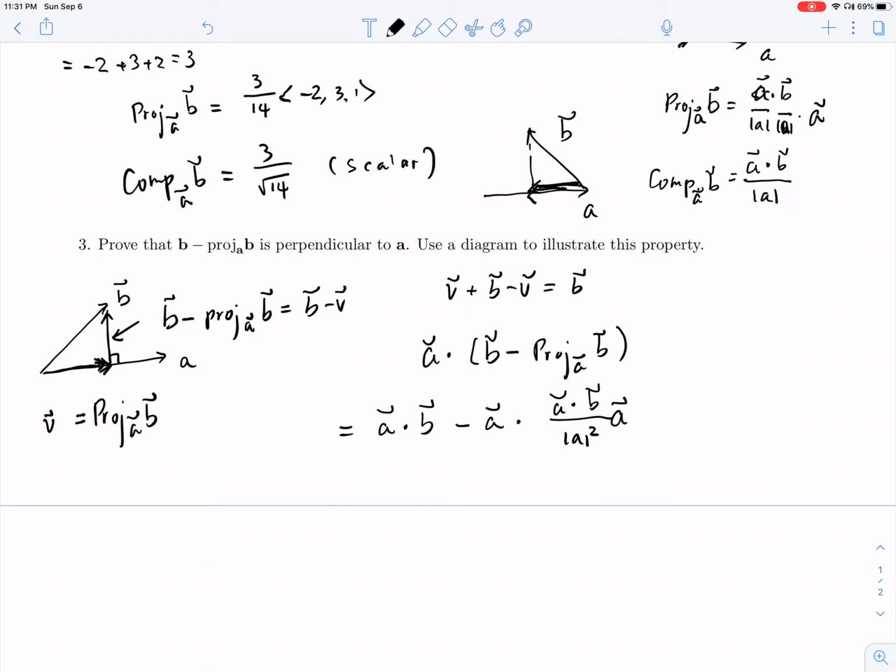So what we have over here, this is exactly A dot B. Now this one over here is a number, so we can factor it out because it's a scalar, and that's going to be A dot B over A squared.